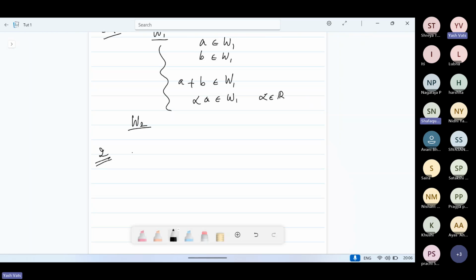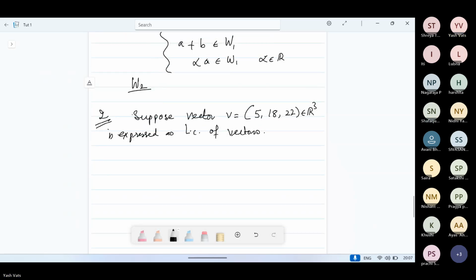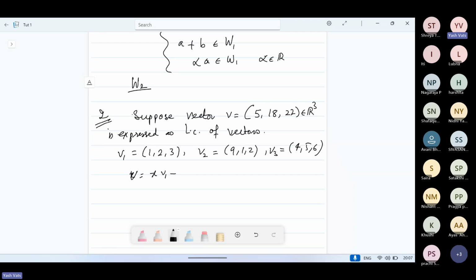The second question is: suppose the vector v equals (5, 18, 22) in R3 is expressed as a linear combination of vectors v1 equals (1, 2, 3), v2 equals (9, 1, 2), and v3 equals (4, 5, 6), such that v is x v1 plus y v2 plus z v3.